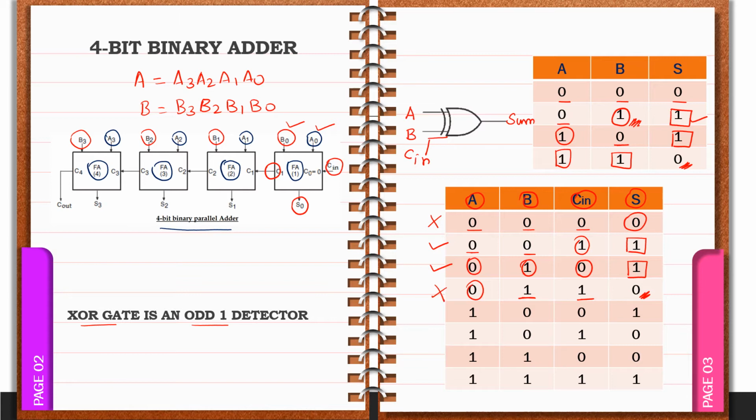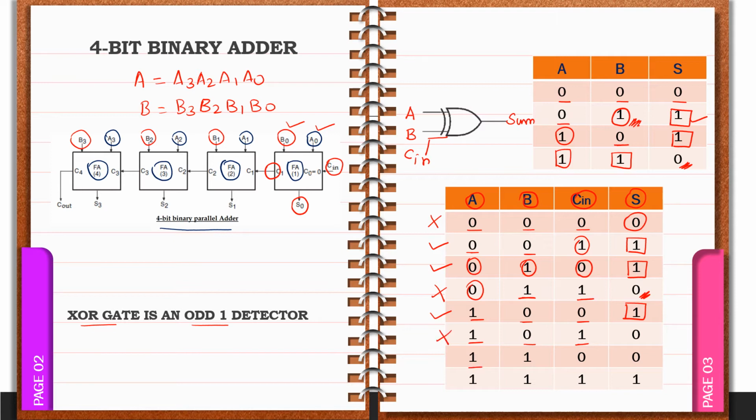Next, A is 1, B is 0 and C is 0. This comes under the odd ones detector, so we get the output as 1. Next, A is 1, B is 0 and C is 1. Here we have an even number of ones, so it is not applicable.